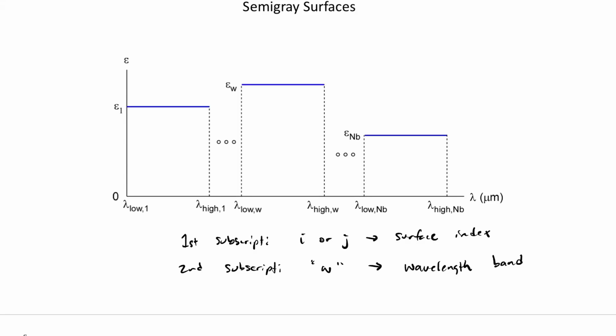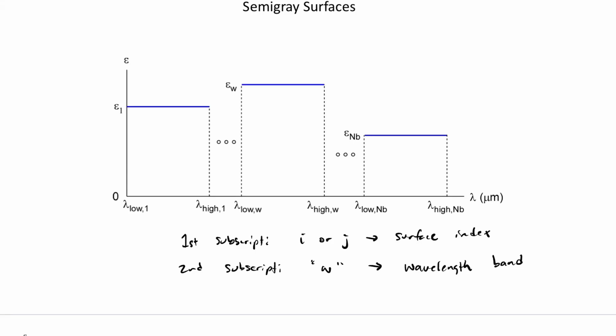All right, so you're going to have a surface I that has NB different bands. So there's N surfaces, NB bands. So you might say my heat transfer from Q dot I, surface I, in band W is a certain amount, right? And now we discretize based on both of those things.